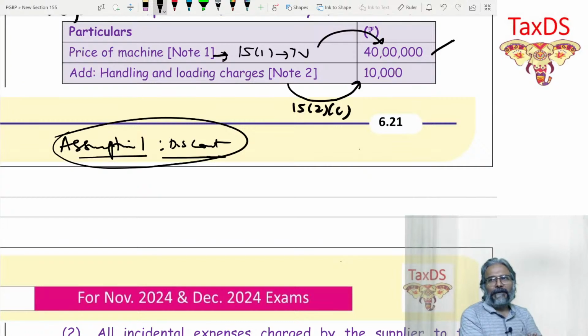The discount of 2% is given on the price of the machine which is quoted in the transaction. Full stop.